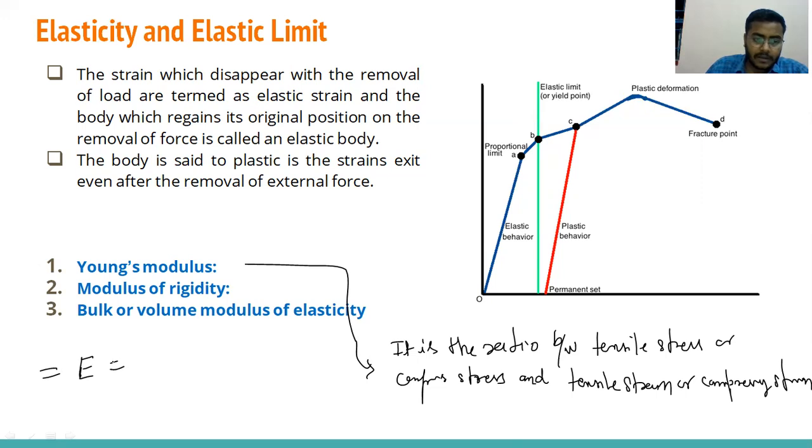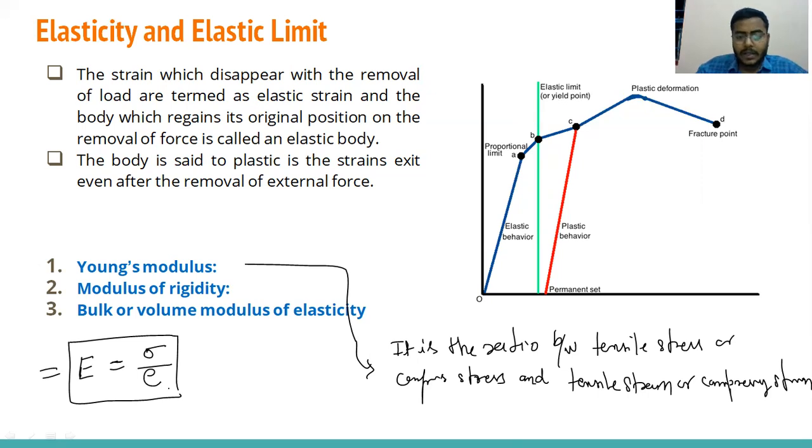Stress we denote by sigma, strain by epsilon, so E is sigma divided by epsilon.